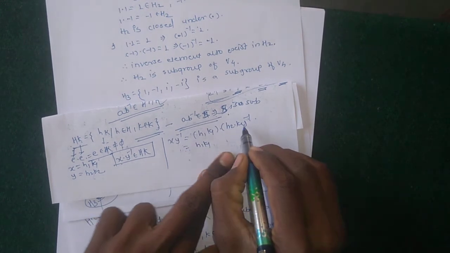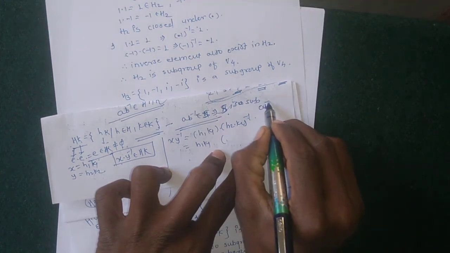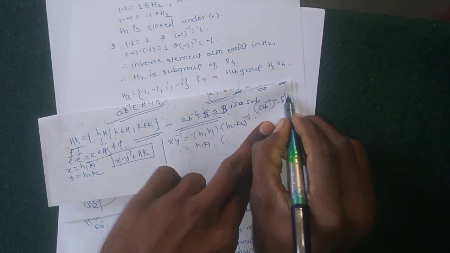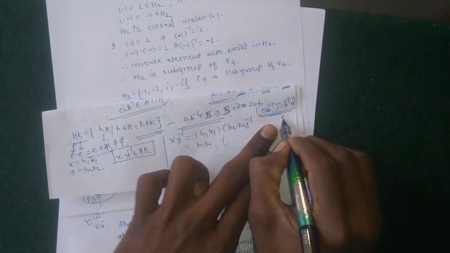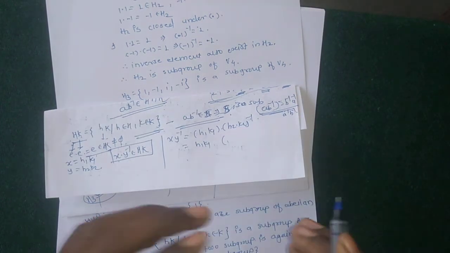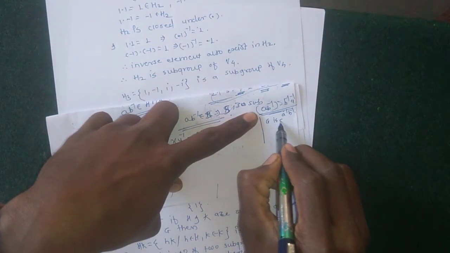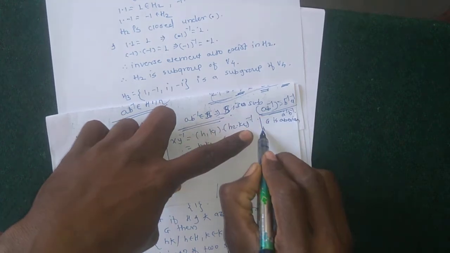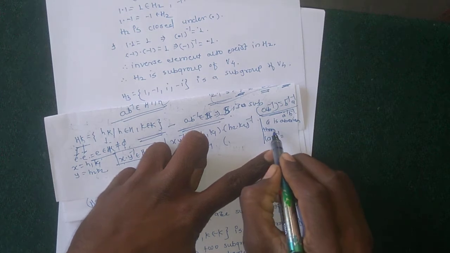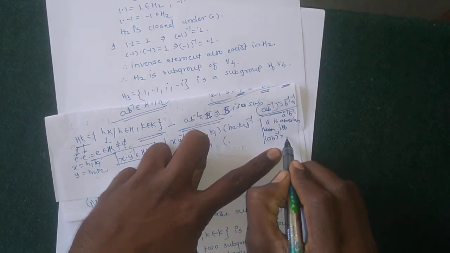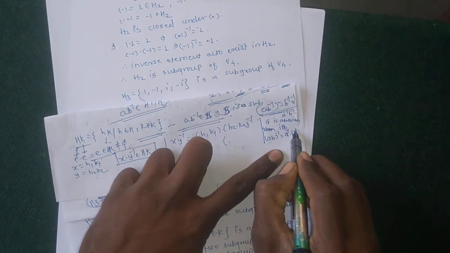Here we use this property: (ab) inverse equals b inverse a inverse, or, given that G is abelian, (ab) inverse is a inverse b inverse. The result is: if and only if G is abelian, then (ab) inverse equals a inverse times b inverse.